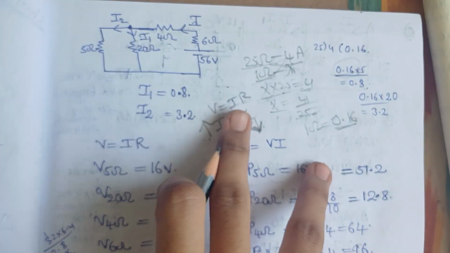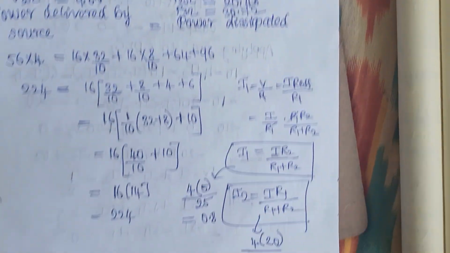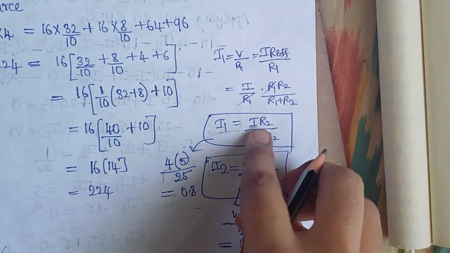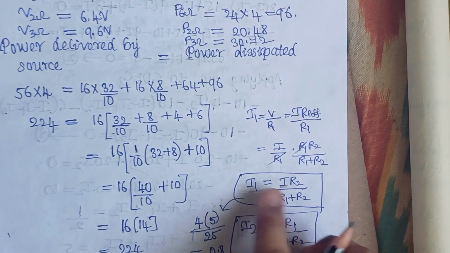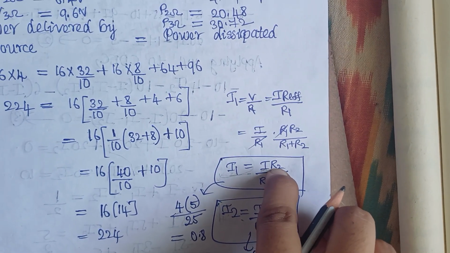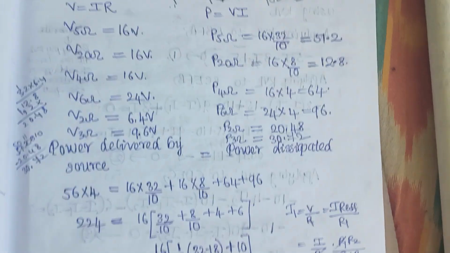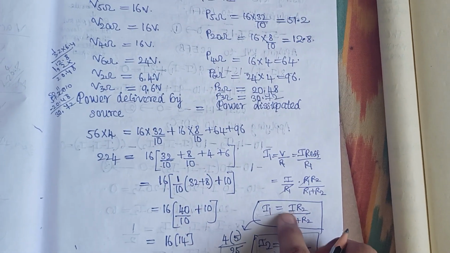If you feel this is confusing or difficult, then you can solve simply by using this formula, that is I1 is equal to total current I multiplied by the opposite resistor, that is R2, by the sum of the total resistors, that is R1 plus R2. So to find the I1 current, your I is 4 ampere.